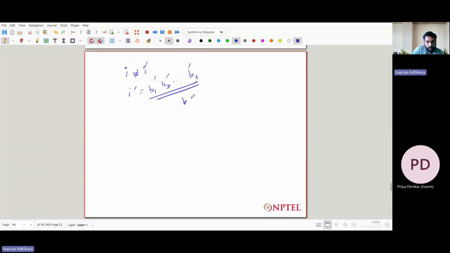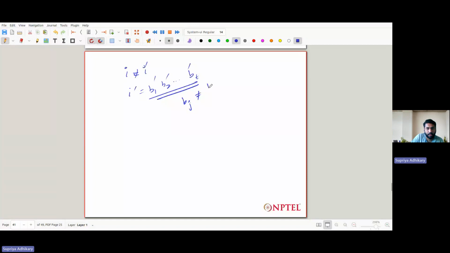Then there will be some j such that Bj is not equal to Bj dash, since I is not equal to I dash. And for that particular Bj dash, Bob cannot compute this value.